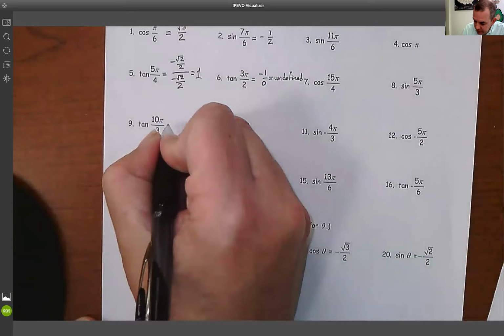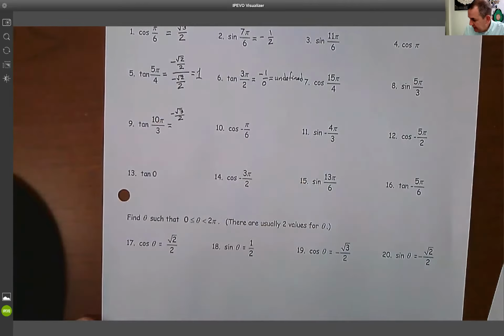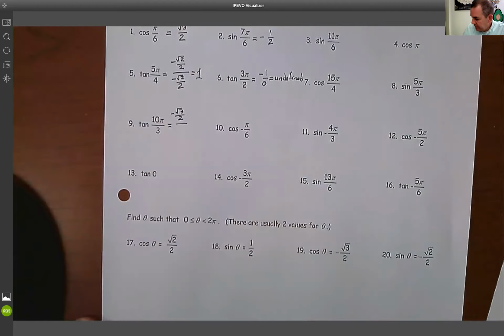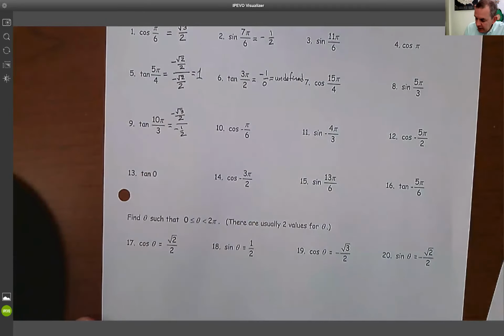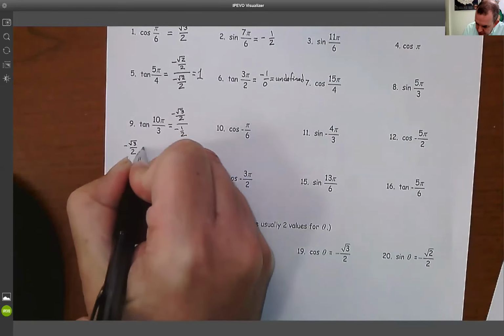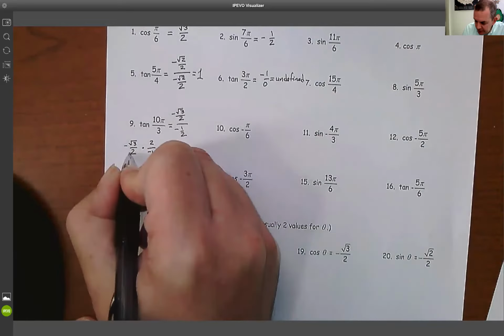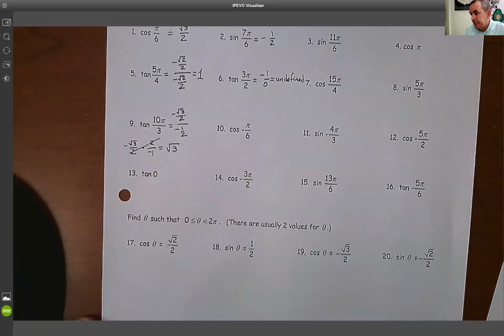This is going to be -√3 over 2, which is my sine value, over my cosine value, which is -1/2. When I simplify that, I get -√3 over 2 times 2 over -1. A negative times a negative gives me a positive. The 2's cancel out. The answer is +√3.